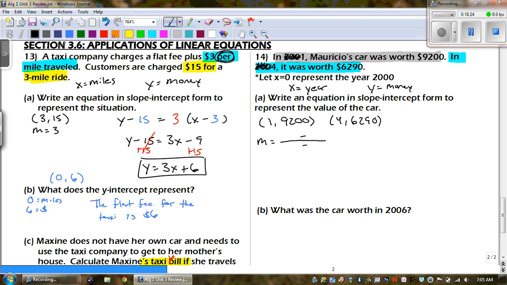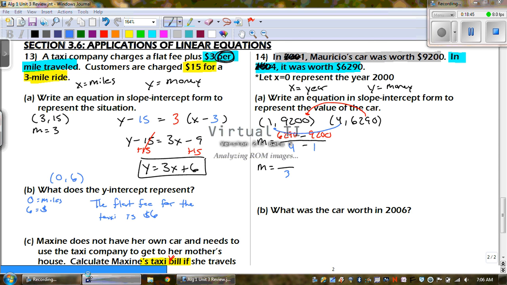The first thing we need to do is to find the slope. So we get 6,290 minus 9,200. And then we have 4 minus 1. 4 minus 1 on the bottom, easy, 3.